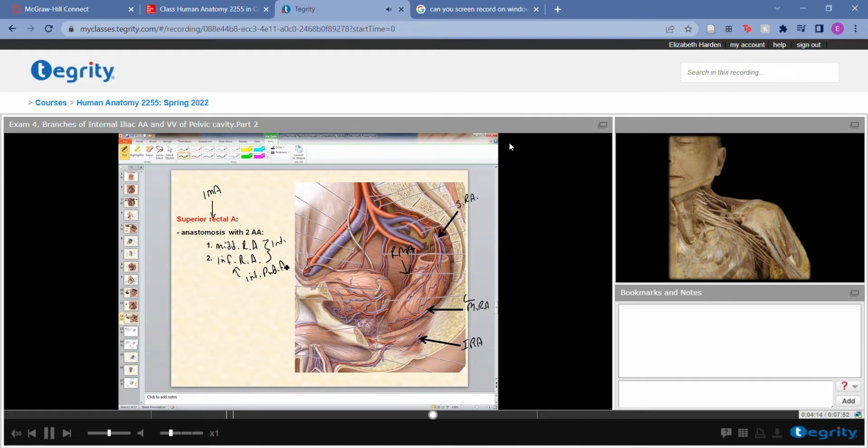So again, superior rectal comes off inferior mesenteric artery, middle rectal comes off of internal iliac artery, and the inferior rectal can come off of internal iliac, but it often comes off of internal pudendal. Heck, sometimes it even comes off of the middle rectal, which is a little odd. But all three of those bad boys anastomose, supplying fantastic blood supply to the rectum.